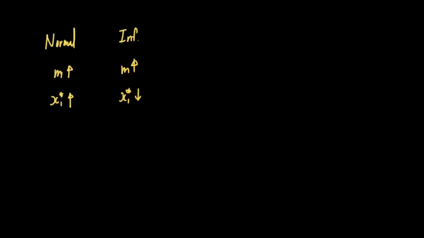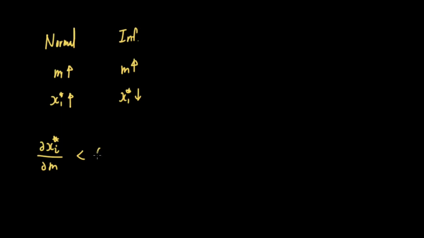To mathematically show this, we simply have to find the change in the Marshallian demand for the good with respect to the budget. So what this gives us is the partial derivative of x sub i star with respect to m. And this tells us how the demand for good i changes as the consumer's budget changes. If this is less than 0, then it means that your consumption of good i decreases as your income or your budget increases.